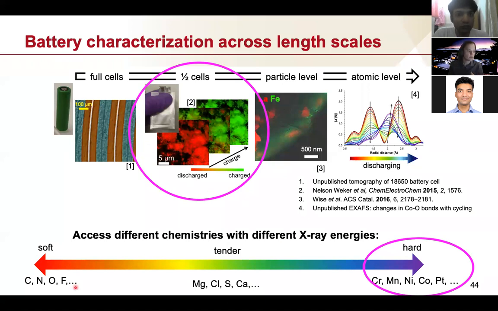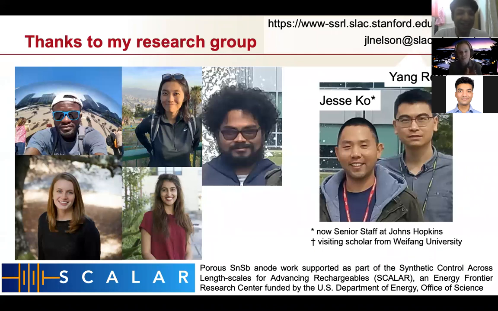We can also access different chemistries using different X-rays. The harder the X-rays, the easier it is to do realistic batteries because the penetration depth of the hard X-rays is much larger.